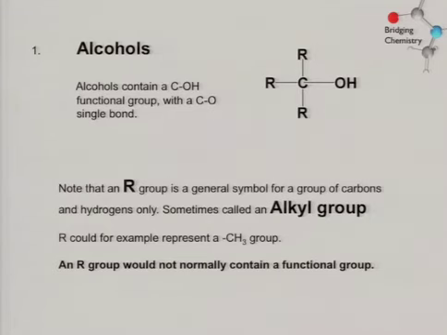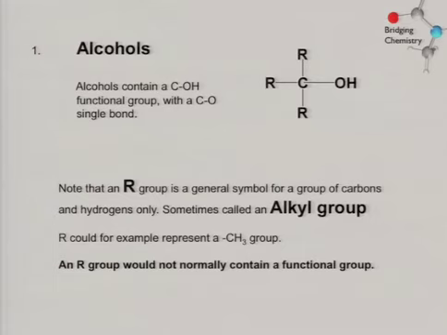The technical name for the R is an alkyl group, at least it is for this year, and so that means more carbons and hydrogens, other parts of the framework, which in general will not have a functional group amongst it. Right? So it's just stuff that's not important. The R can be a hydrogen, or it can be chains of carbon atoms. You're going to see the R thing all the time.